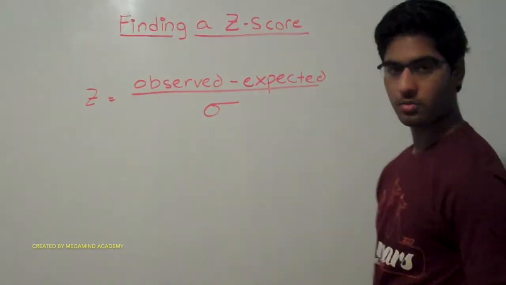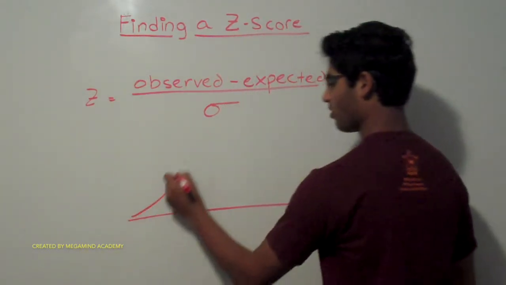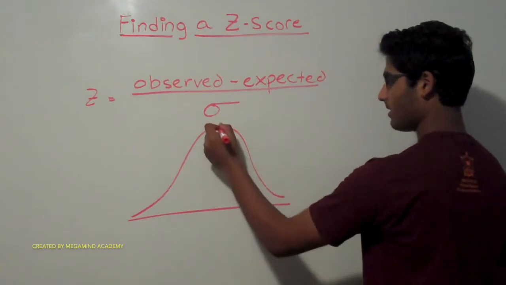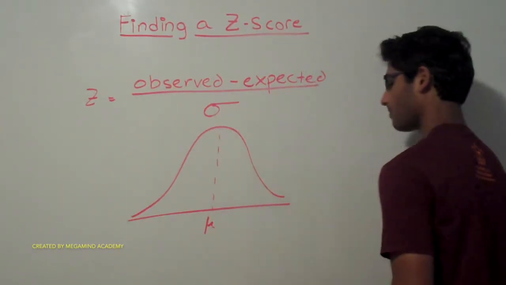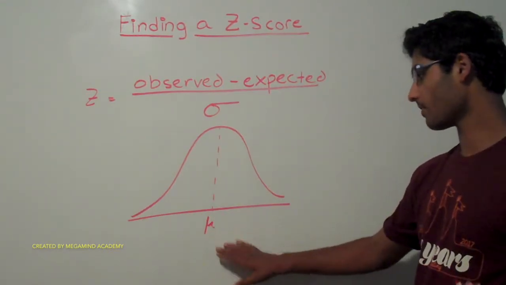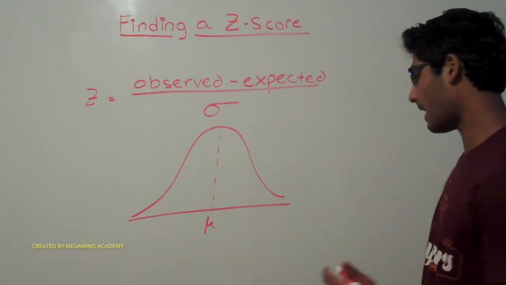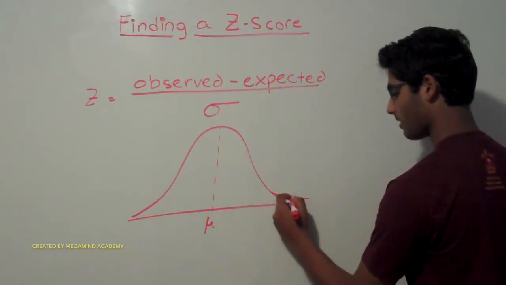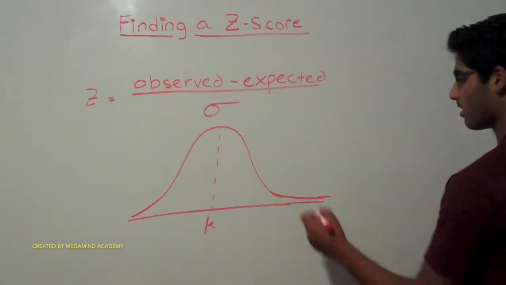So let's draw a normal distribution. In the normal distribution, we have our mean, which is at the center. So this is what the expected value is. Now, in the problem that we just had, we know that this student was 5 standard deviations above the mean. So 5 standard deviations is a lot.